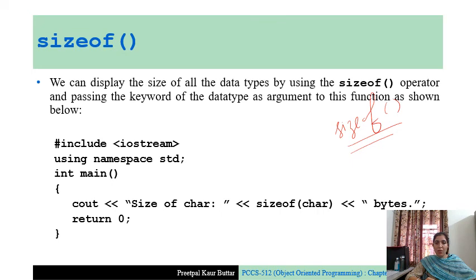Inside the main function we will write cout, extraction operator, sizeof, this is the operator, and we pass as argument the data type for which we want to know the size. We want to know the size of char, so we will pass char as an argument to sizeof. This will give us the size of char on our system.